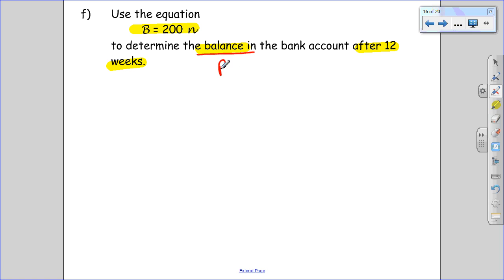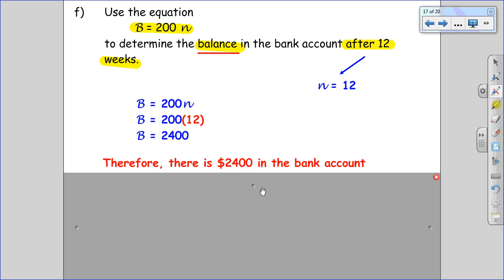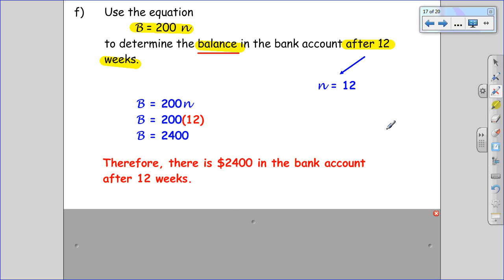I'm looking for b equals, I don't know, and after 12 weeks, well, that tells me n is 12. And I've got my equation, b equals 200n. And remember what I said when you're substituting in, put brackets to make sure you don't forget anything, and that's 2400. And I need a nice sentence answer. So therefore, there is $2,400 in the bank after 12 weeks.